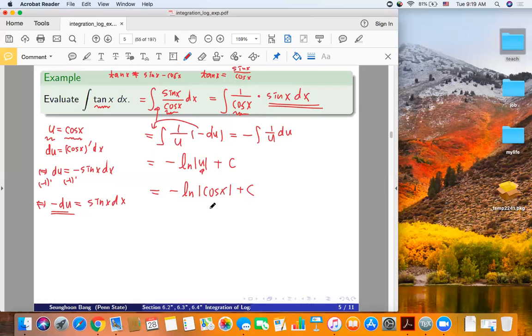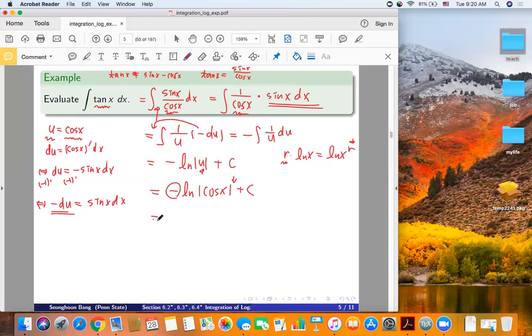One more. This is not the final. I want to remove the negative sign by using this rule. Do you know this one? r times ln of x equals ln of x to the power r. This constant is going to the power r. Here, this -1 is going to the power.